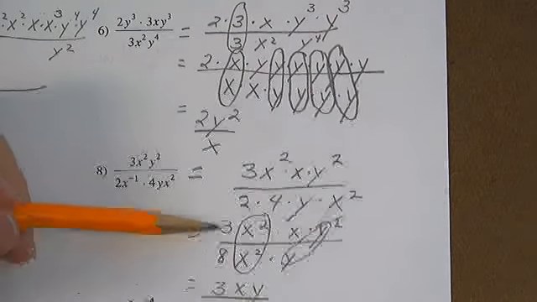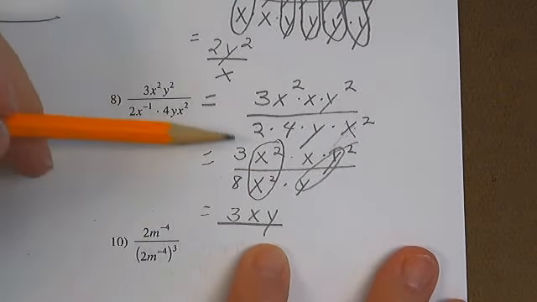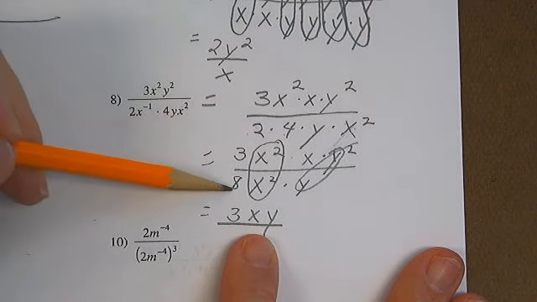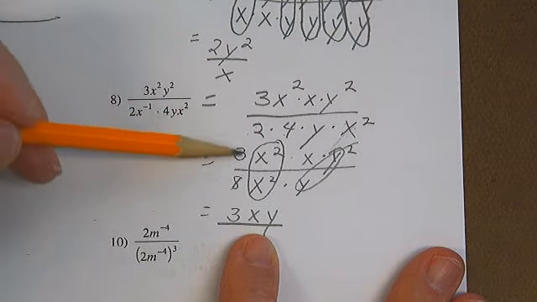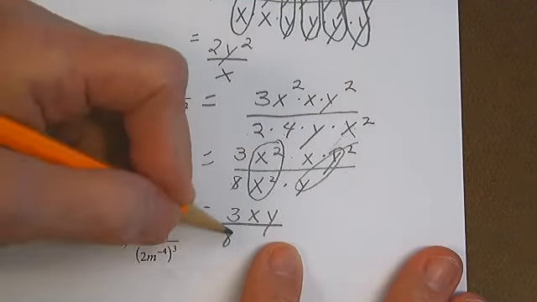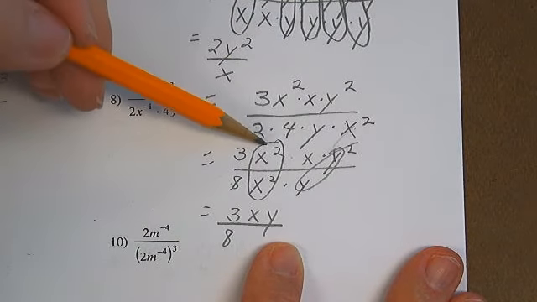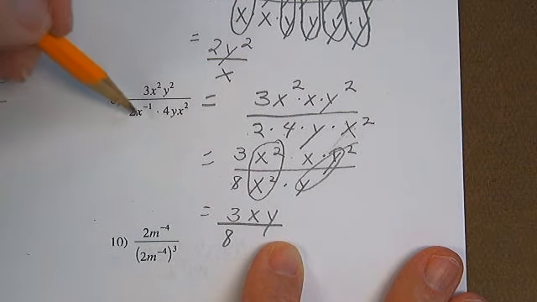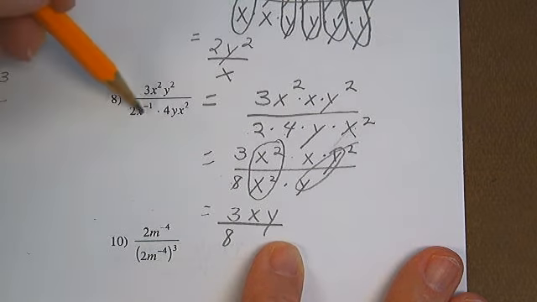Now see, I tried to get cute and I almost left out a term. 2 times 4 is 8, so I have 3 over 8. X squared over x squared is 1. This x remains here.